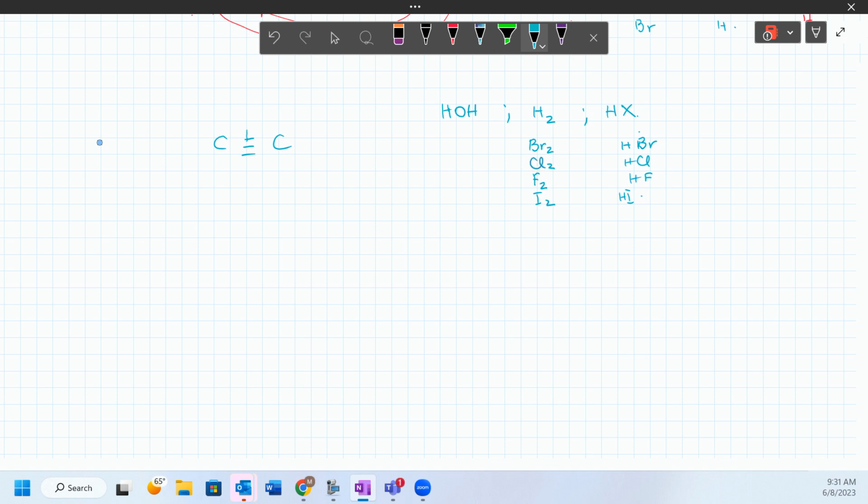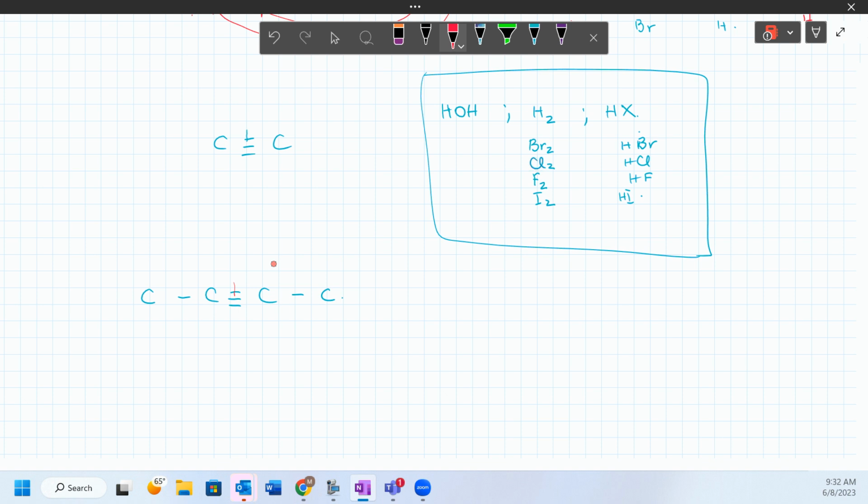Okay, and this is totally dependent on whether the second part of it, so this one here, is a limited or an excess amount. So if it is limited, then only two spots will be available. Because let's suppose that we have this C, C, and then C, C. Okay, so if one bond is broken here at the triple bond, then you'll have two spots available.